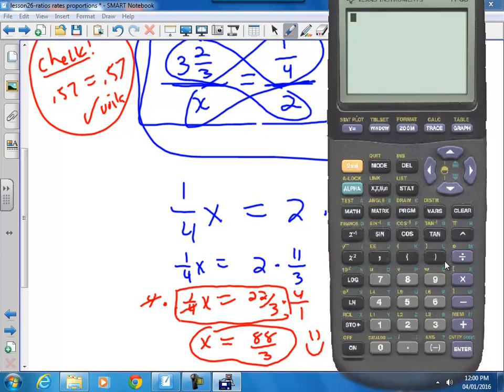So I can take 11/3 times 2 on my calculator, and then divide it by 1/4. It'll spit out a decimal, but if I hit math frac, it'll spin it back into fraction form. See, 88/3. You could definitely use the calculator as a crutch, but make sure you know how to do it by hand.